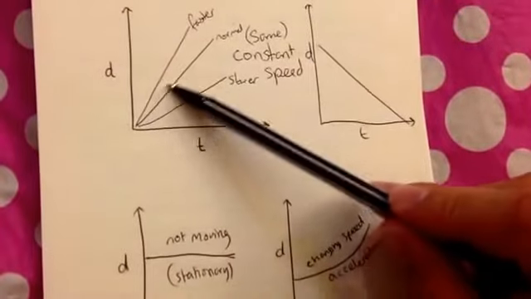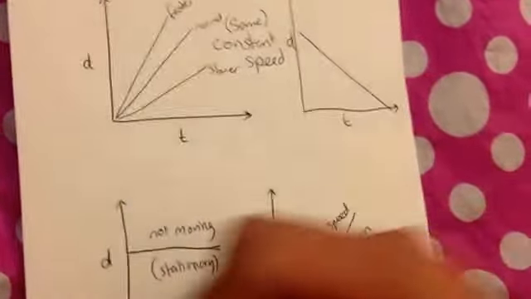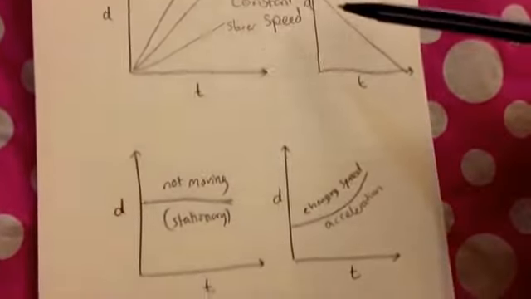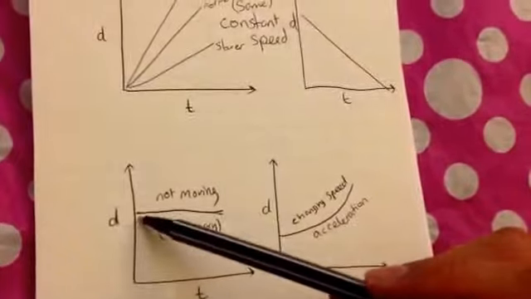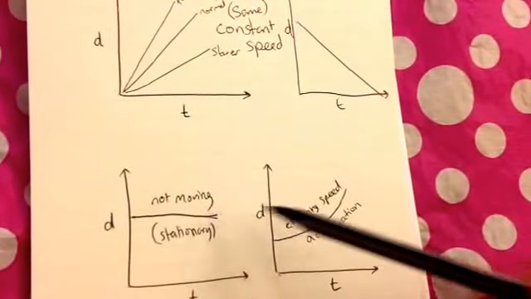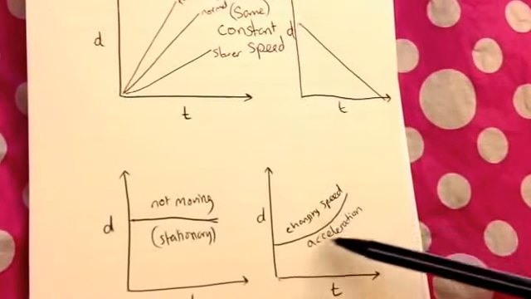For example, this speed is going left, and this speed is going right. But they're the same speed. A flat line means no speed, 0 speed, and a changing line means changing speed, acceleration.